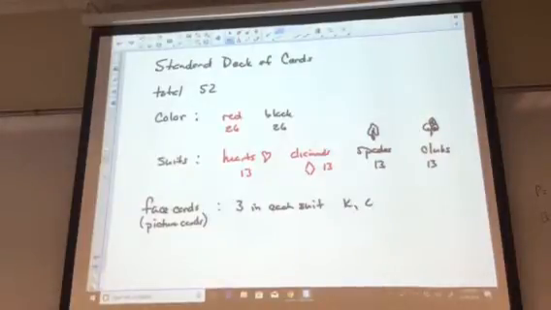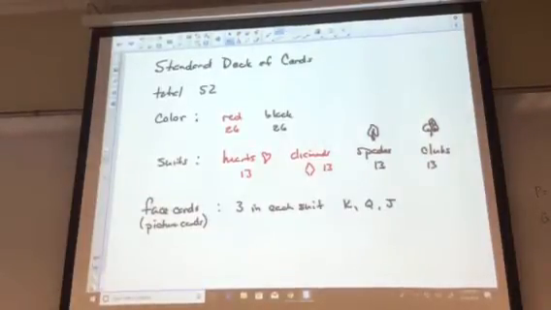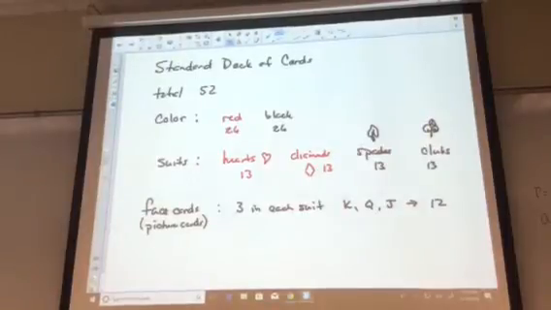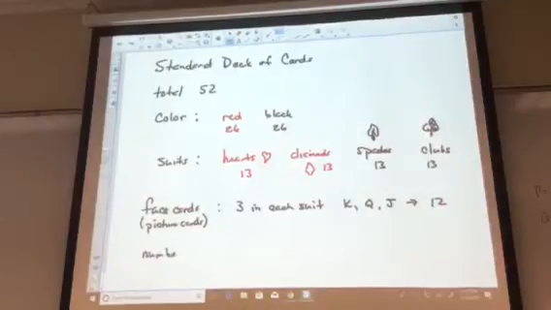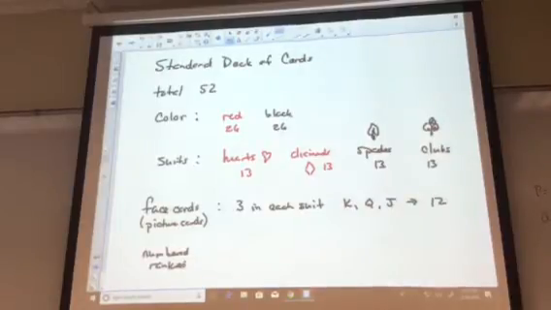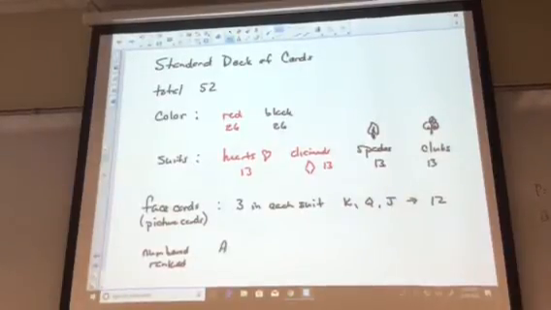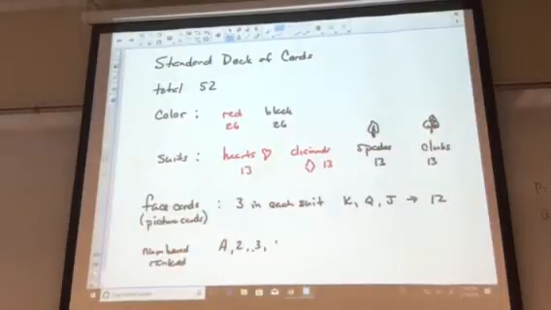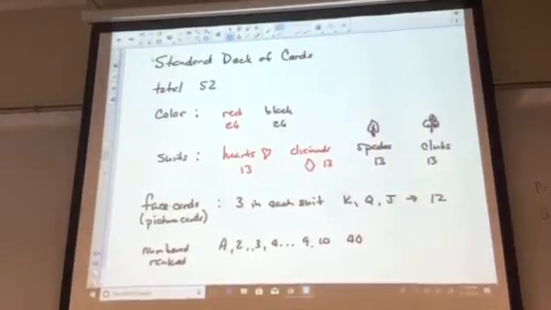The king, the queen, and the jack. So in other words, there are 12 total cards that are face cards. And then there are numbered cards, also referred to as ranked cards, which include the ace, the 2, the 3, 4, blah, blah, blah, up to 10. So there are 40 of those.